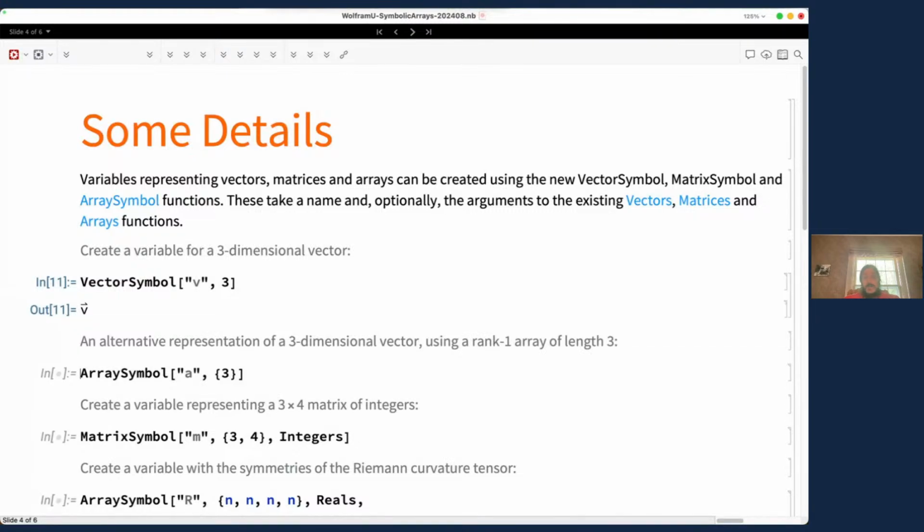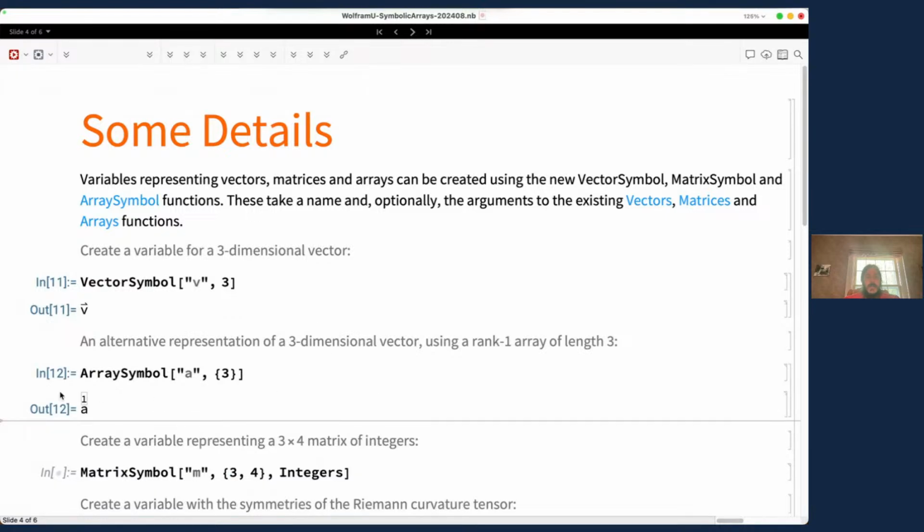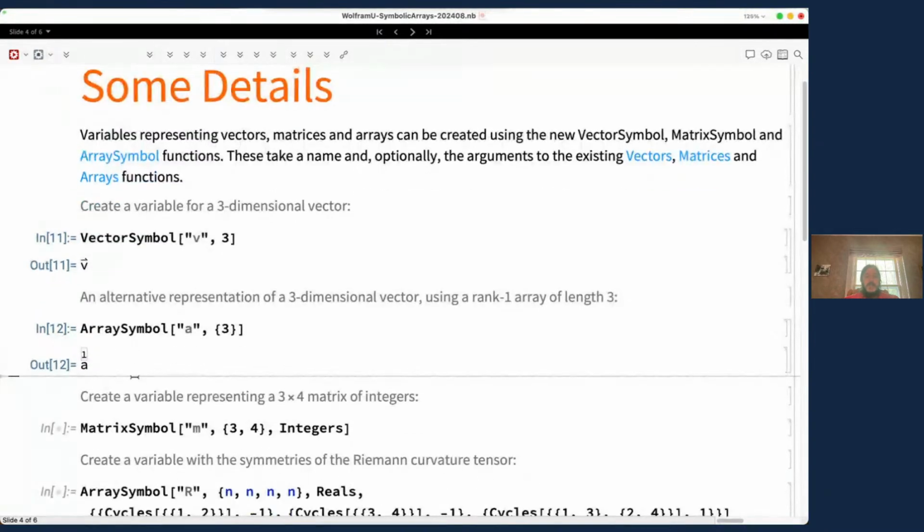I could also represent a three-dimensional vector using array symbol. That little 1 over it tells you that it's a rank 1 array. So this is another valid representation of a vector. And so, these both represent a three-dimensional vector. One is explicitly a vector, hence the little arrow. The other is a rank 1 array, hence the little 1.